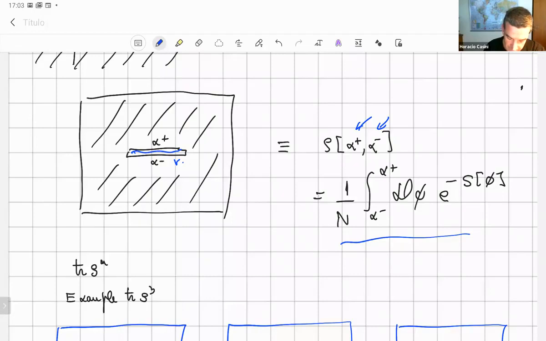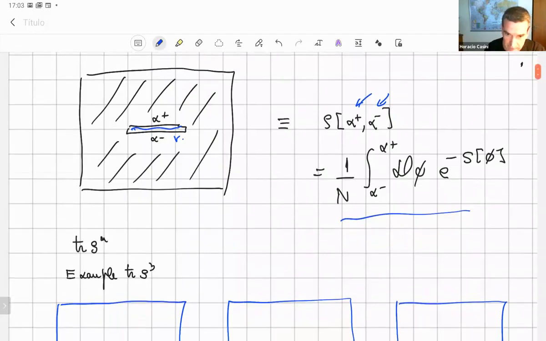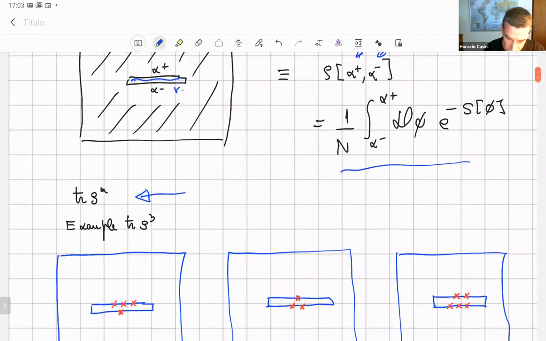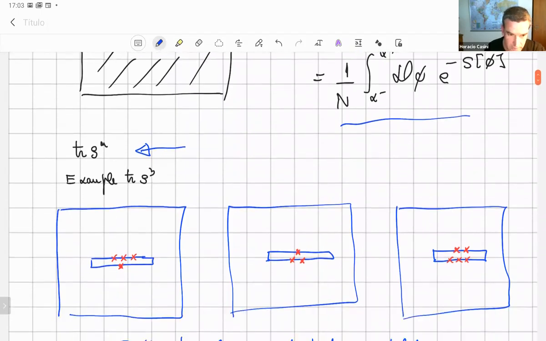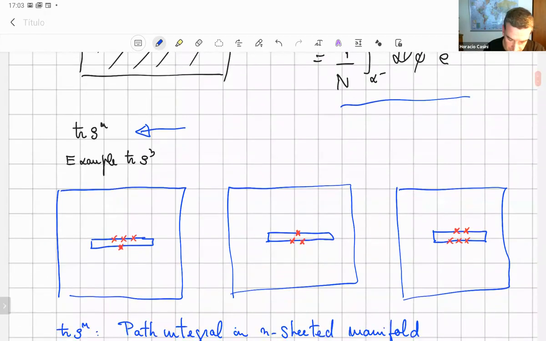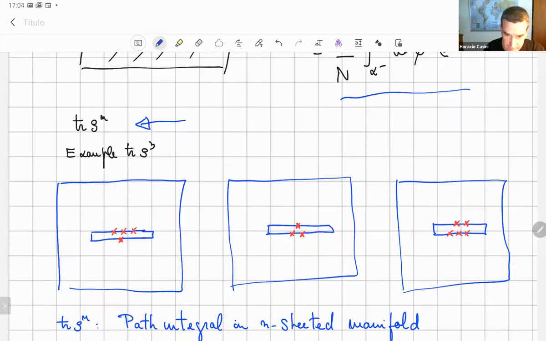For that, instead of computing directly the entropy that contains this logarithm, we first compute this quantity that are traces of integer powers of the density matrix. And I showed you an example. We have here the computation of trace of rho to the 3rd power, and you produce then 3 copies of the density matrix, these 3 copies of the Euclidean plane with a cut.